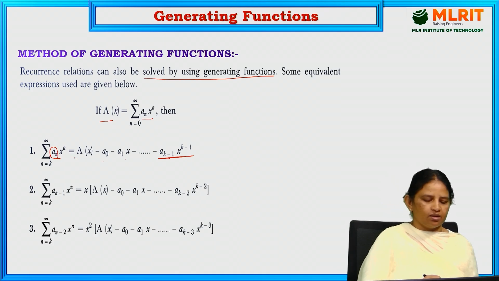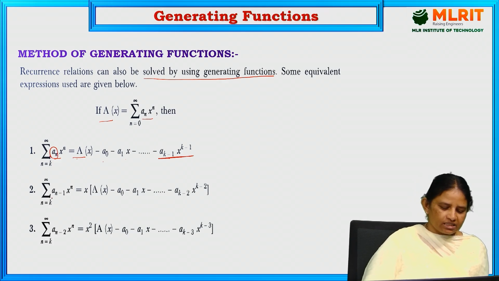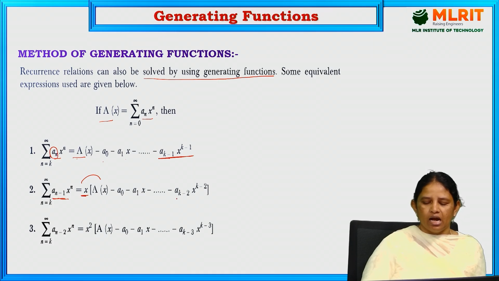The first term is A(x), and the last term is a_(k-1) x^(k-1). Suppose it is the first term a_(n-1) x^n, then we need to add x times A(x), and the last term will be reduced.